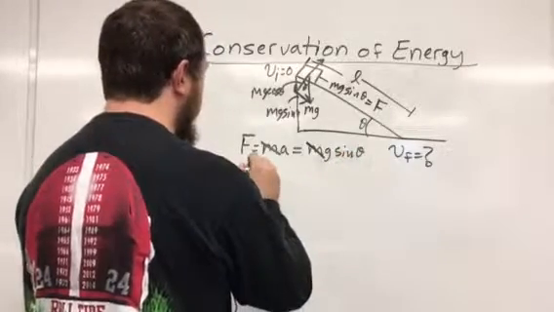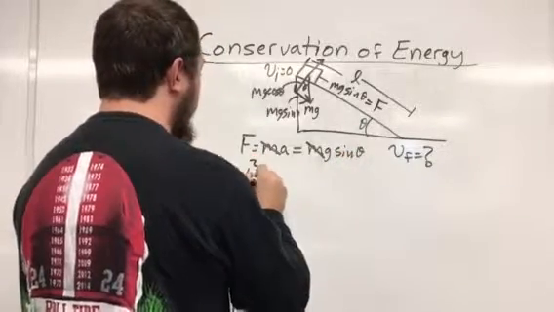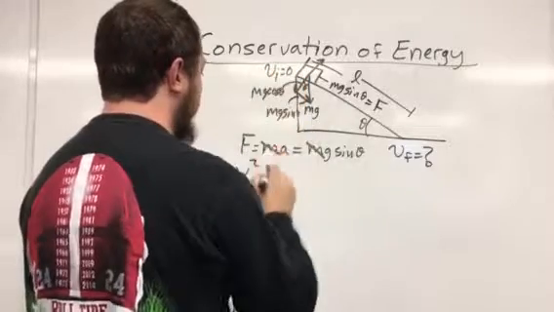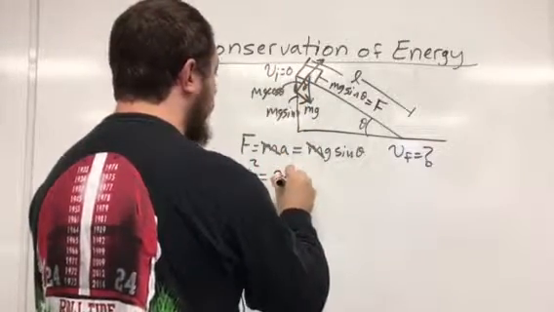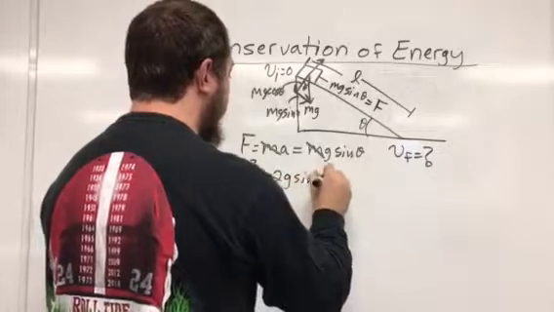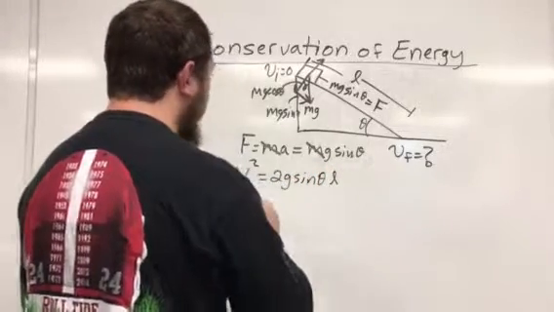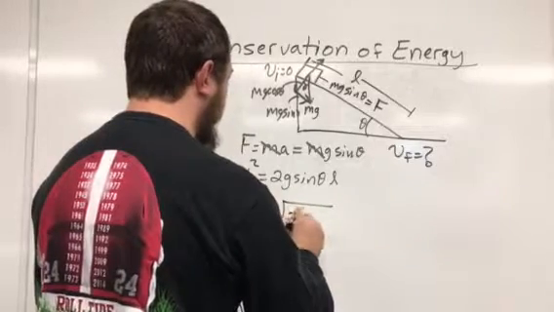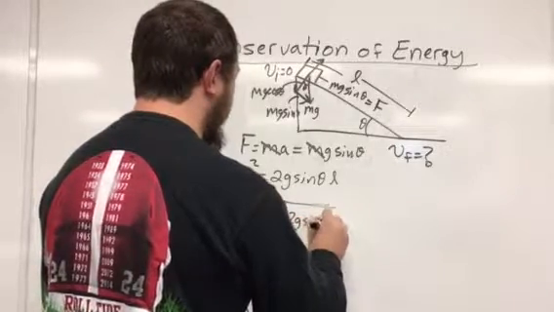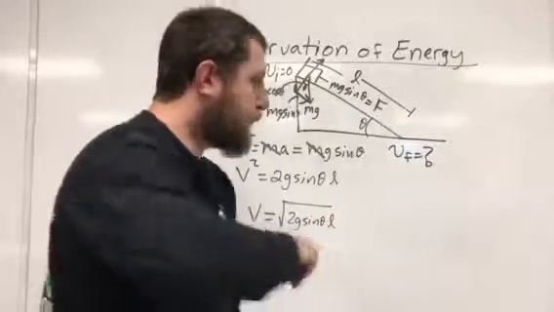And so then we use the third kinematic equation again, where we release it from rest, so vi squared is 0, so this is just going to be 2 g sine theta times L. And so then v becomes the square root of 2g sine theta times L.